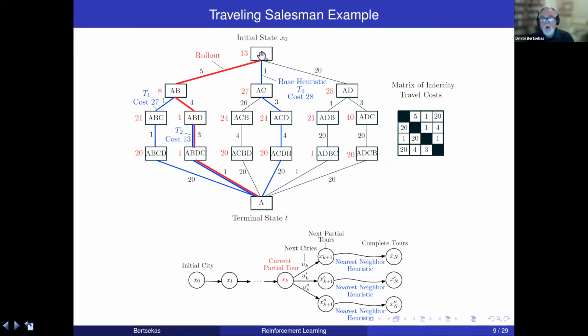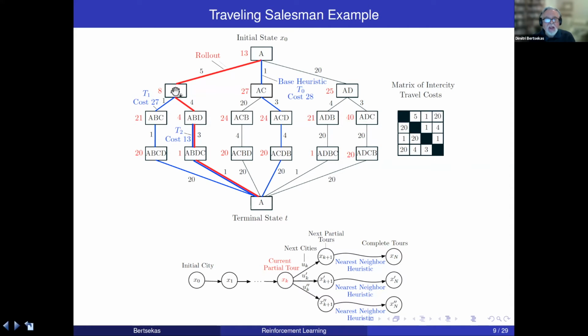For example, to go from A to D there's a cost of 20, and we write it here. So these black numbers are the costs as given by this matrix. We solve this problem by exact dynamic programming. It's very simple. And we calculated these red numbers. These red numbers are the optimal costs of the tail subproblems.